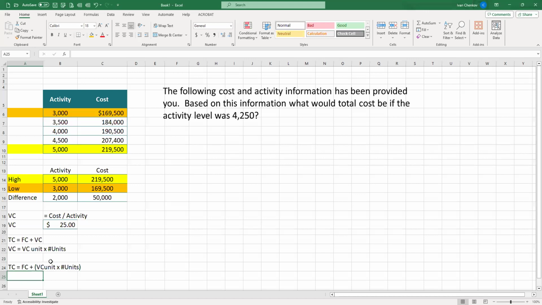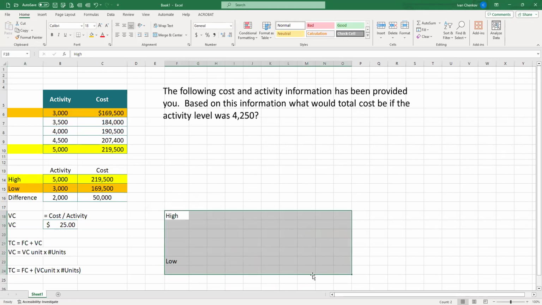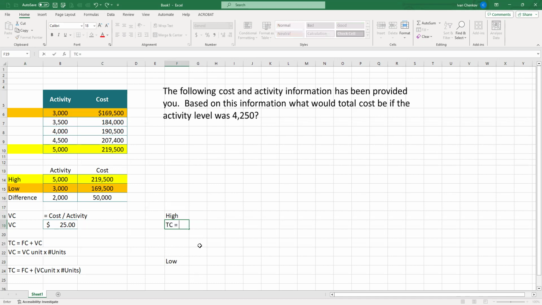So now which point am I going to use? I can use the high point or I can use the low point. Let's use the high point first and see what's going to happen. If I use the high point, my total cost is equal to that number, correct?